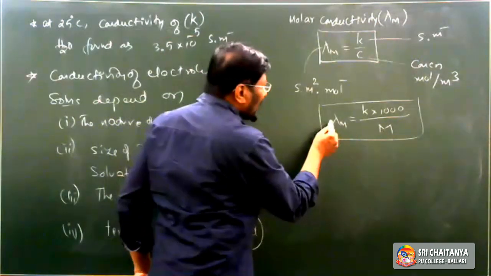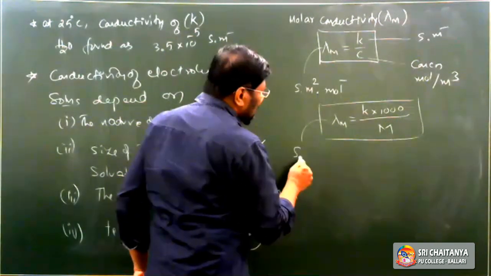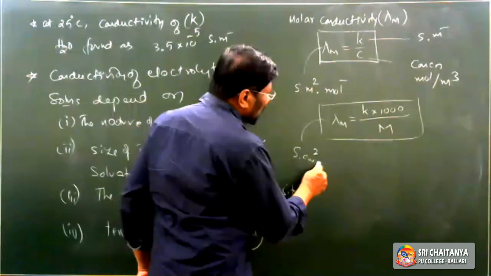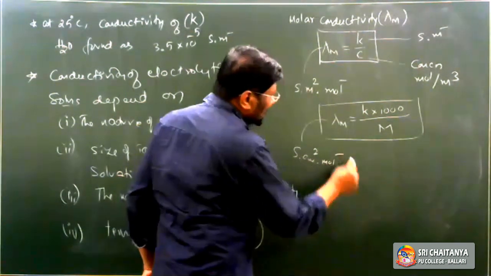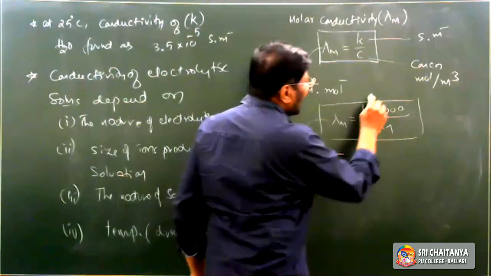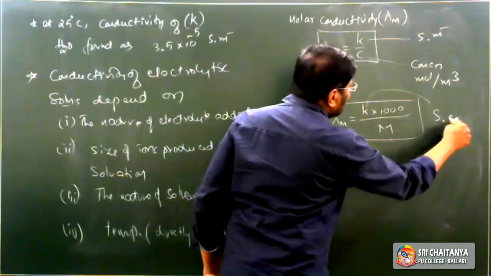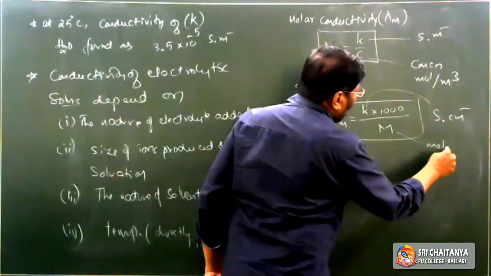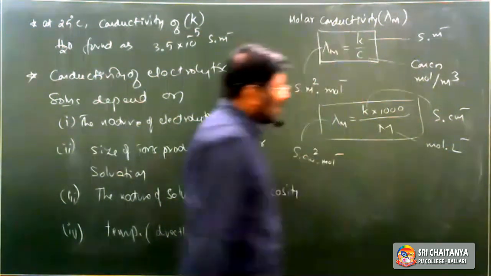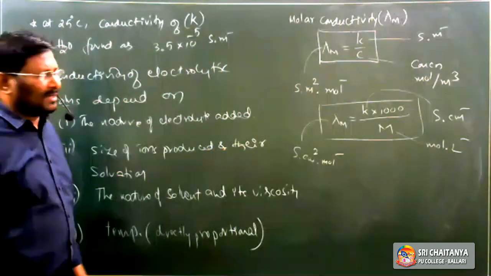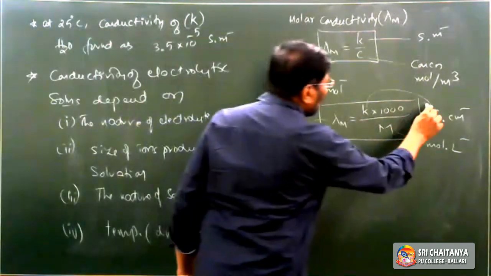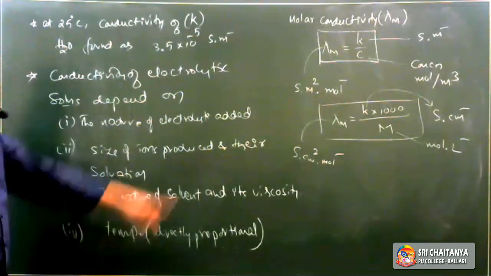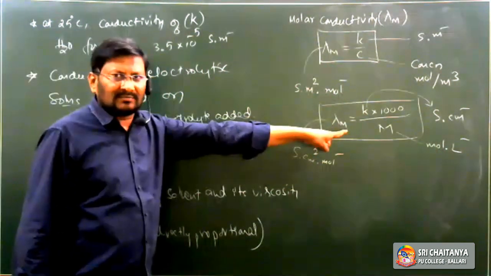Now here, lambda m is in Siemens centimeter square mole inverse, K in Siemens centimeter inverse, and molarity in moles per liter. Remember. So remember this formula again.